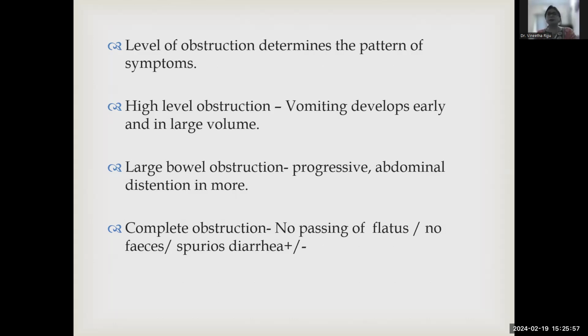It is only for the past 2 days that there is this liquid little stool that keeps going on and on. Then it should click that you are looking at spurious diarrhea, which is actually constipation induced rather than a typical diarrhea.